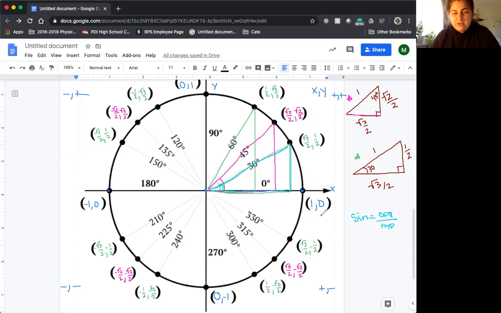So my sine of 30 degrees is going to equal my opposite, so my y value, which is 1/2, over my hypotenuse, which, because this is the unit circle, we know it's the radius of the circle, and the radius of the circle is a unit, which is just 1. So sine of 30 will always equal 1/2.